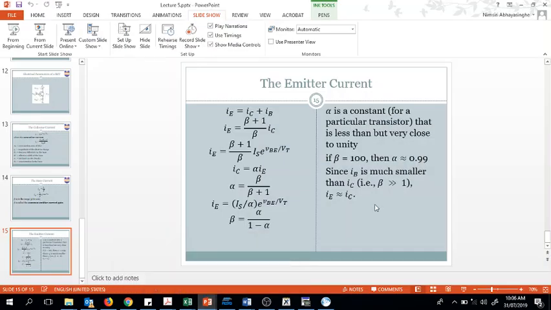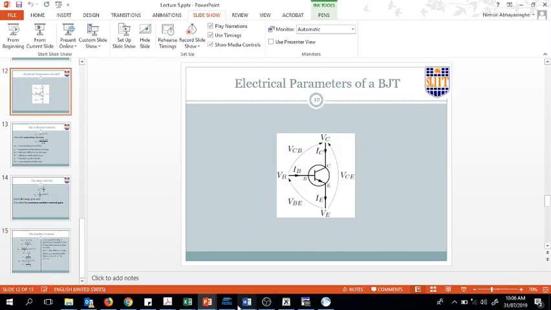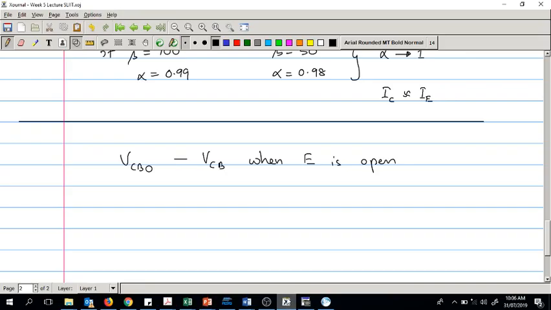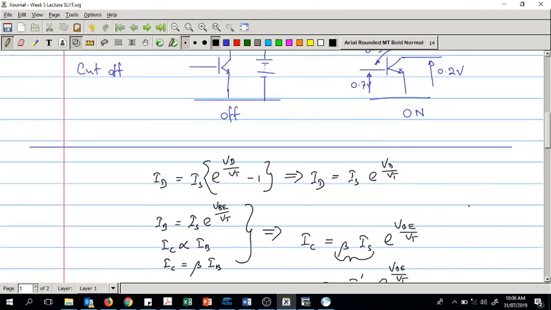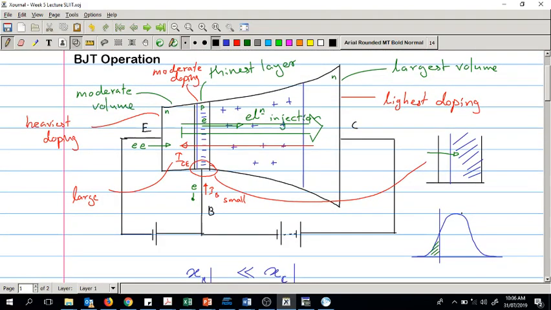So let's wind up the class at this point for today. Now be familiar with what we have discussed in here, the operation of the BJT. Next week we will be talking about the characteristics of the BJT. The characteristics are completely because of this construction, right?